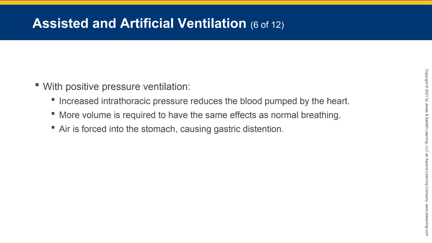So if it's too forceful, you can also cut off or reduce the venous return to the heart. More volume is required to have the same effects as normal breathing. And if it's too forceful, we can force air into the stomach, putting the patient at risk for gastric distension.